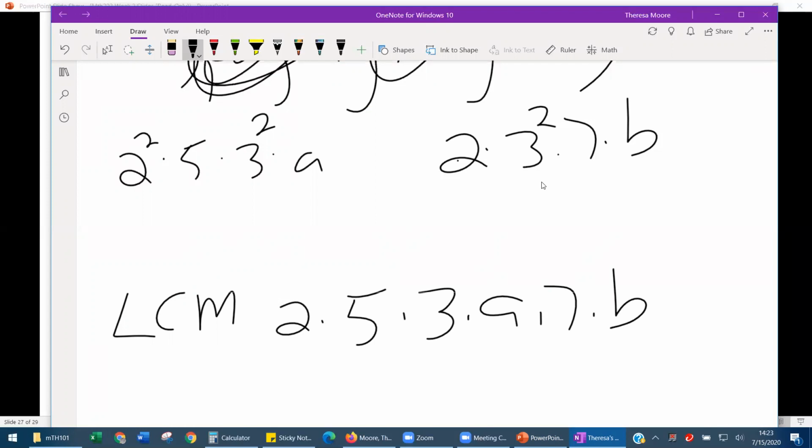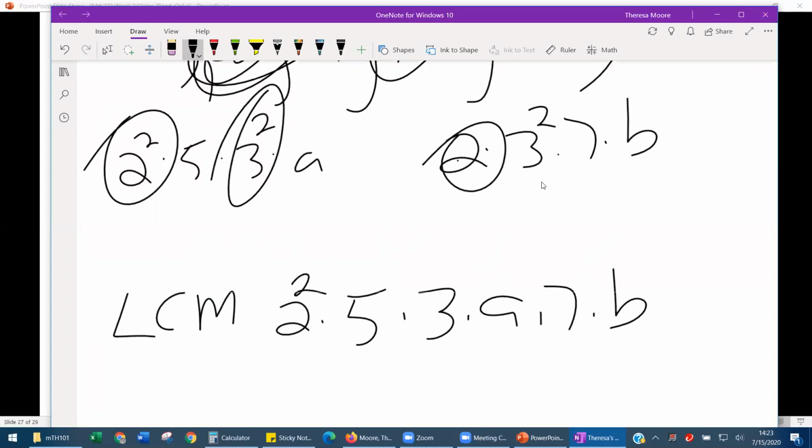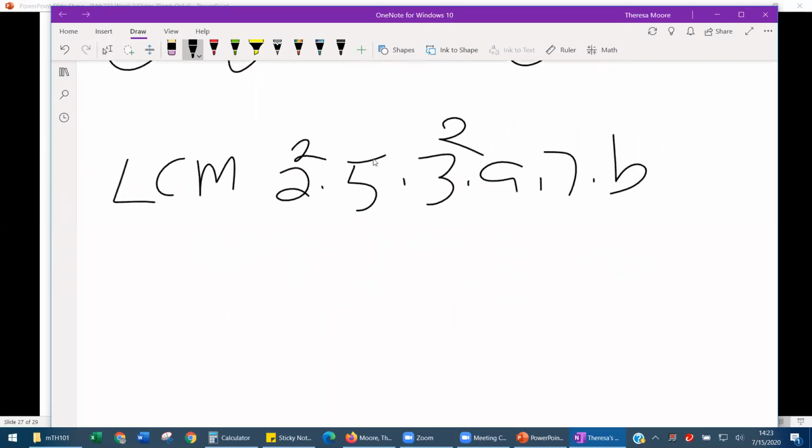Now I have to pull exponents. This 2 has an exponent of 2. This has no exponent, so I need that too. The 3s both have the same exponent, so I just need that exponent. If one 3 had a bigger exponent, I would need the bigger of the 2 exponents. So this is my least common multiple.